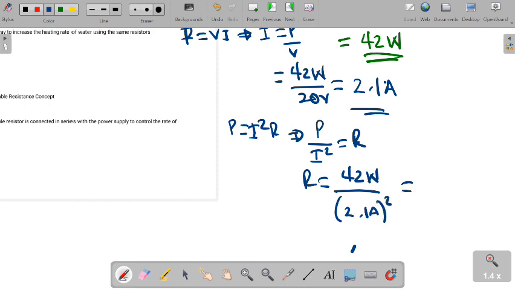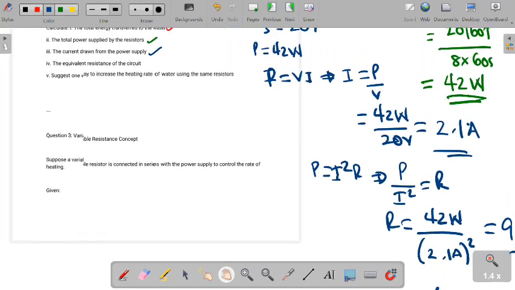So let's calculate that. That will be 42 divided by the square of 2.1. That will give us 9.523 ohms. That is the total resistance of this circuit.